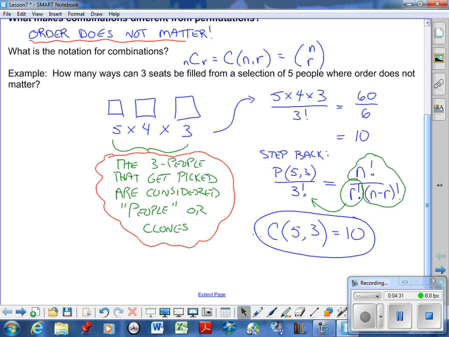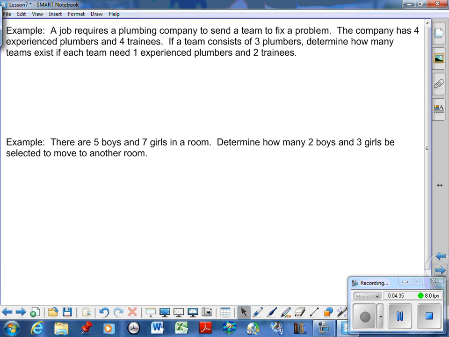Obviously I went through and tried to explain everything there to you, but all the examples aren't going to look like that. So let's run this in real time. A job requires a plumbing company to send a team to fix a problem. The company has 4 experienced plumbers and 4 trainees. If a team consists of 3 plumbers, determine how many teams exist if each team needs to have 1 experienced plumber and 2 trainees.